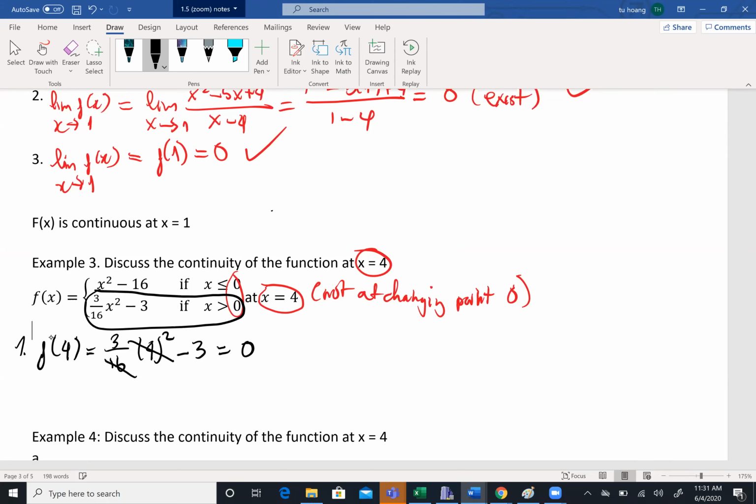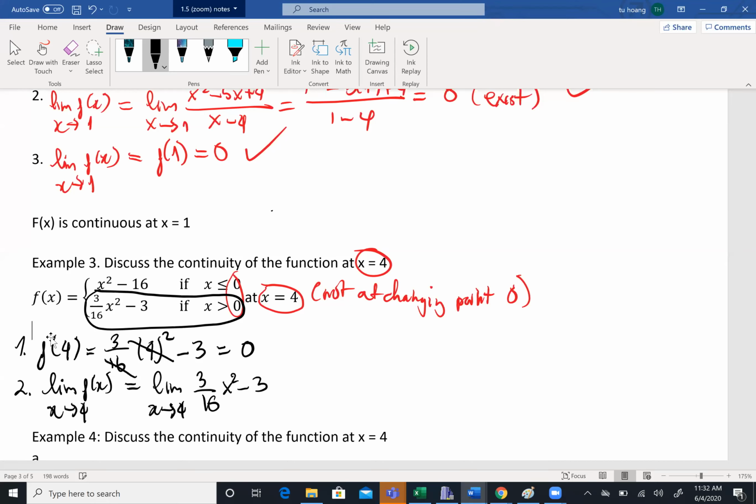Okay. And the second condition, I have the limit of f of x when x goes to 4 equal to the limit of 3/16 x squared minus 3 for x going to 4.